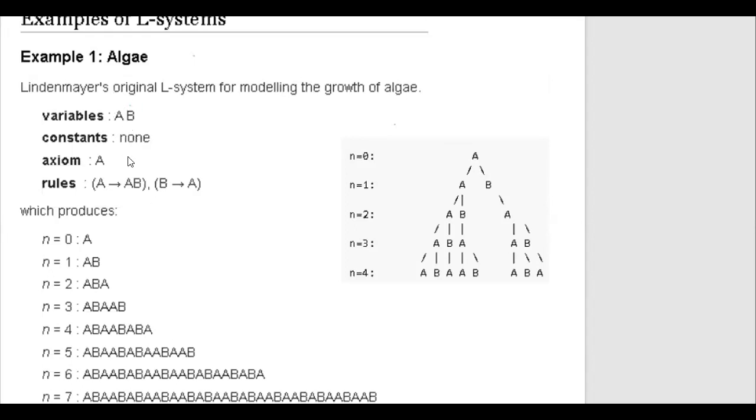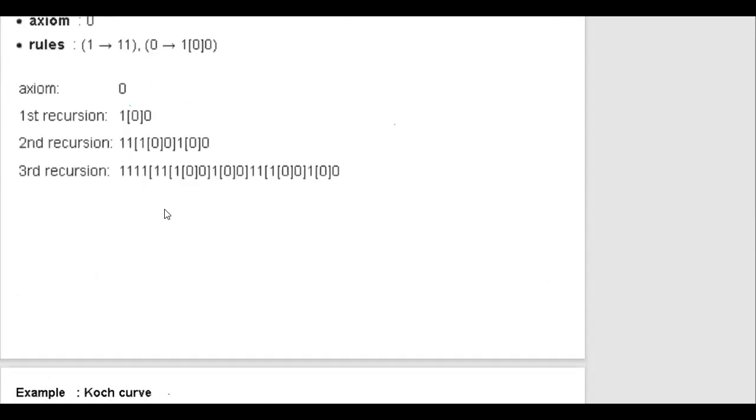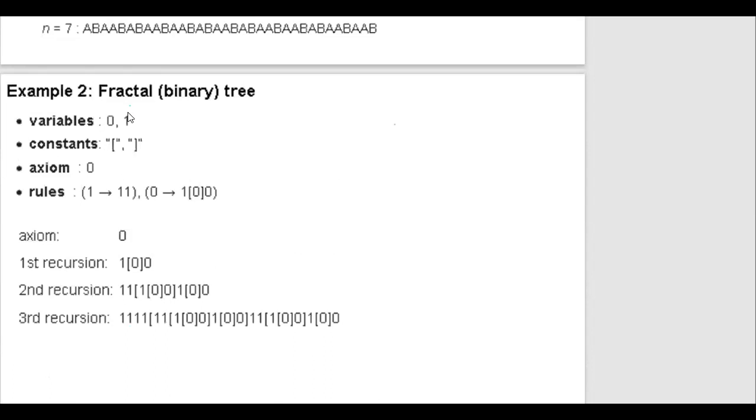So these are the variables, and these are the symbols of the alphabet. Let's look at the variables. There is a rule for those variables. One has a rule, zero has a rule, and you can apply these rules.